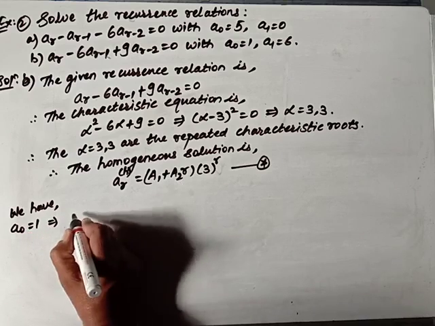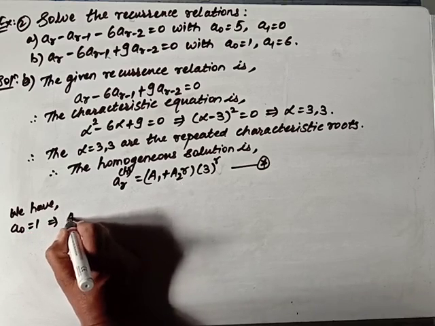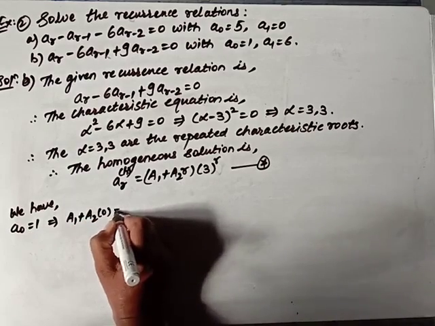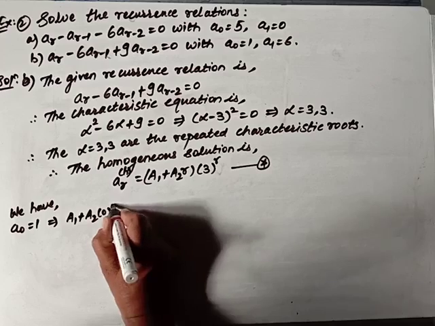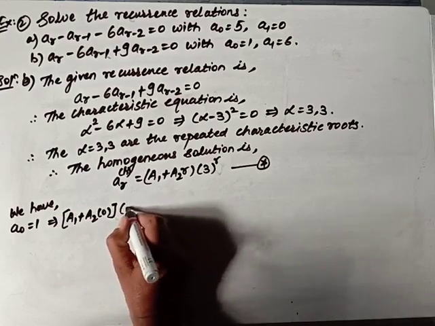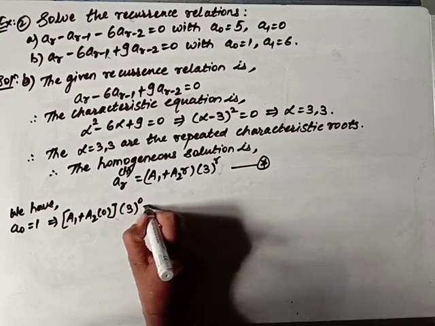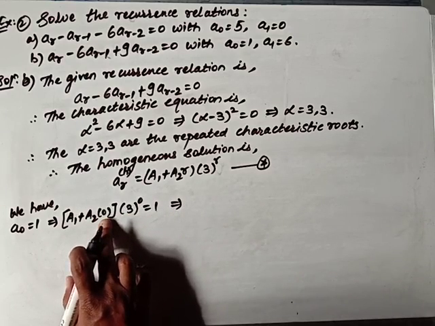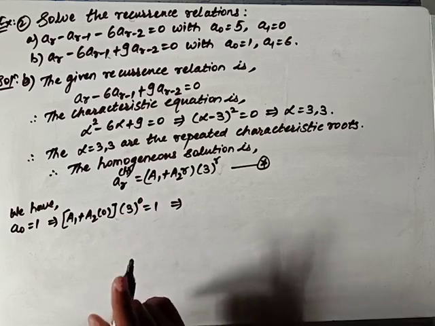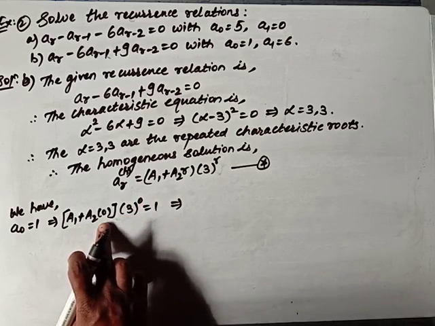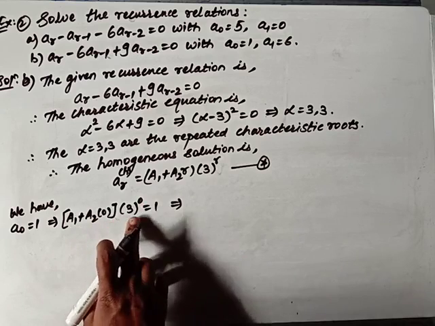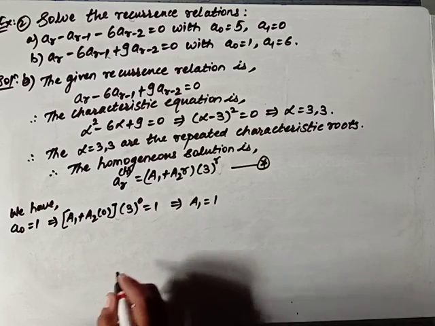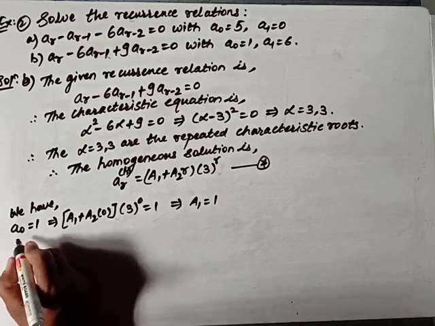That gives us A1 plus A2 into 0 into 3 raised to 0 is equal to 1. Look at here, A2 into 0 will become 0, and 3 raised to 0 will be 1. So A1 plus 0 will be A1 into 1 will be A1. So overall we get A1 equal to 1 from here.